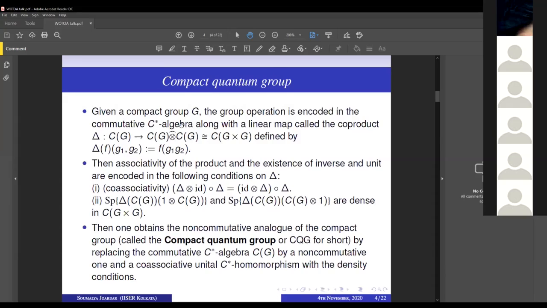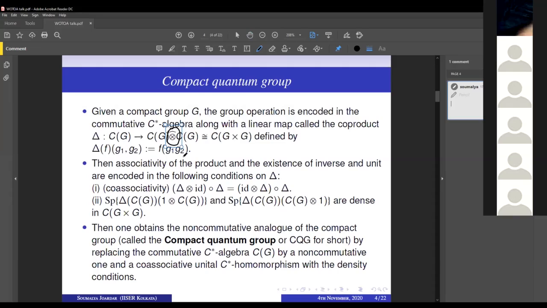This is a topological tensor product, not the algebraic tensor product, but these are technical details. For the moment, we can forget about that. This is the topological tensor product of C*-algebras, and it can be thought of as C(G cross G), and this coproduct is defined using the group operation: delta f of (g1, g2) equals f(g1 g2).